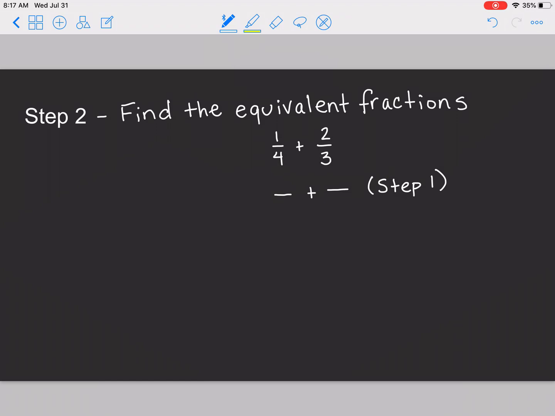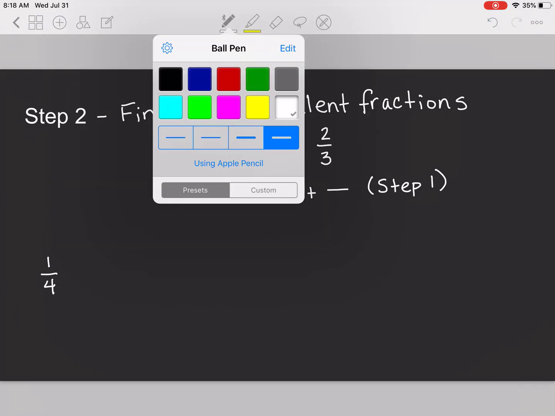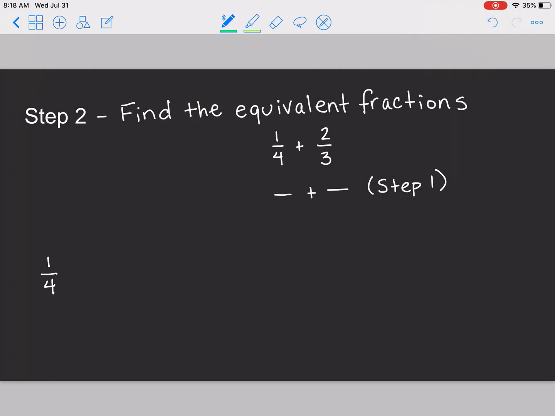Let's come down on our paper, and I'm going to write 1/4, draw a little line to separate it, and then write just below that green line the 2/3.